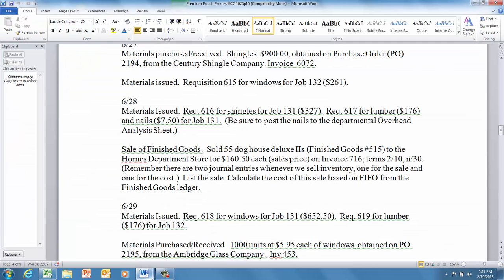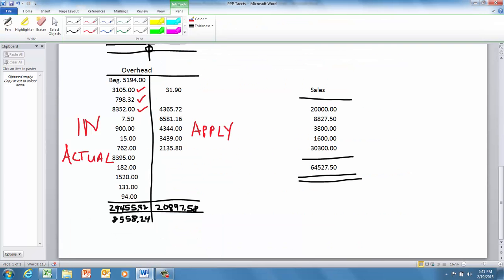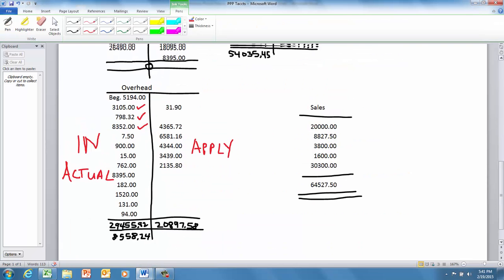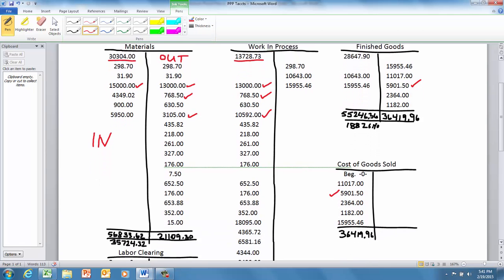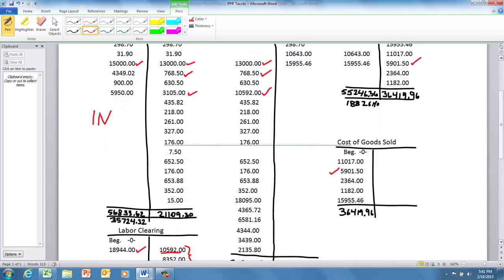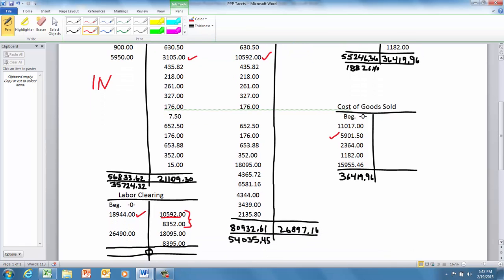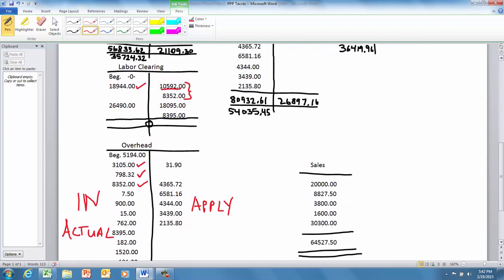Okay, so now I'm going to go to the T accounts, and this is coming out of the distribution warehouse, which is my finished goods account, and it's going into the cost of goods sold, $5,901.50. But I had to calculate that, and if you have more than one type of cost on a particular order like that, it's FIFO, first in, first out.